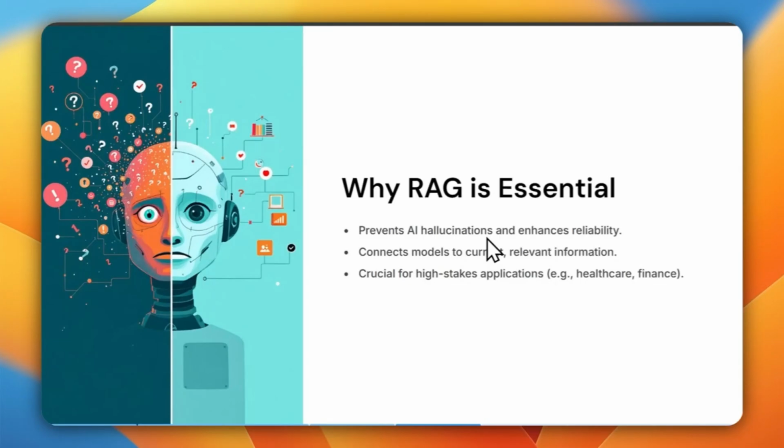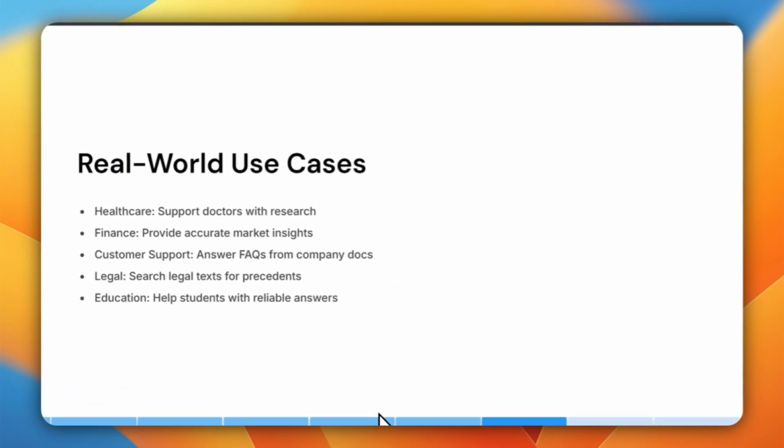So let's understand why RAG is so useful. Because RAG prevents AI hallucination and enhances reliability. It connects models to current and most relevant information. It is very crucial for high-stakes applications like healthcare, finance, or any AI applications. Some real-world use cases: RAG can be used in healthcare, to support doctors with research.